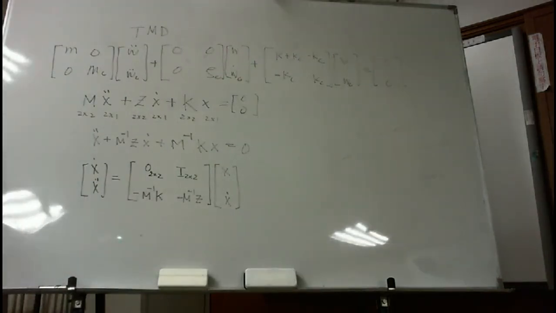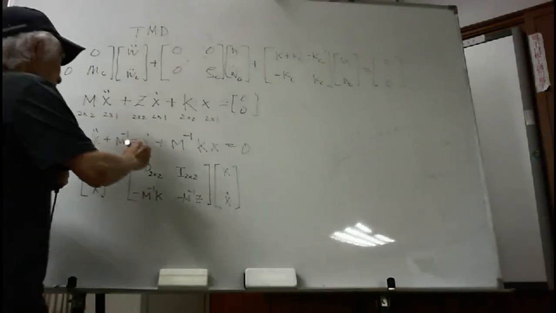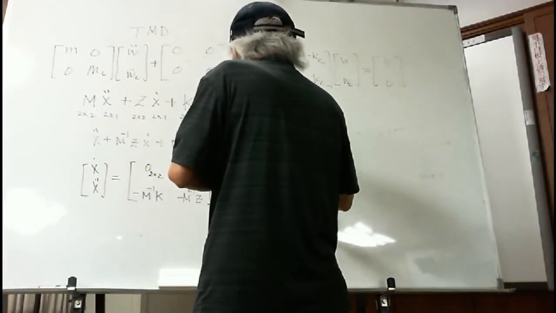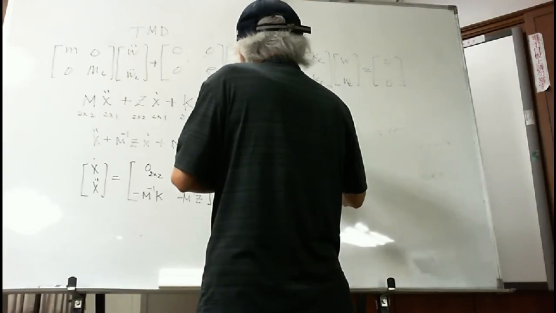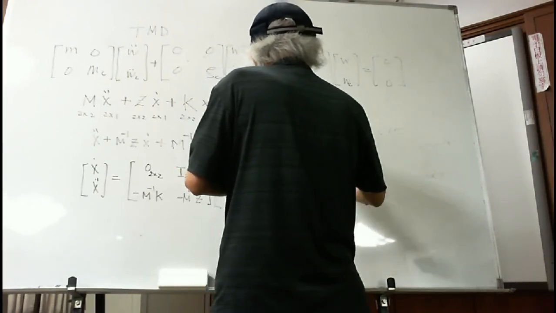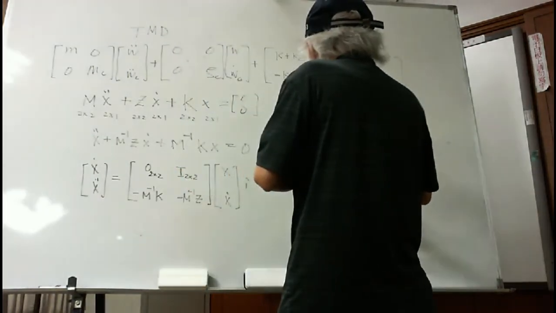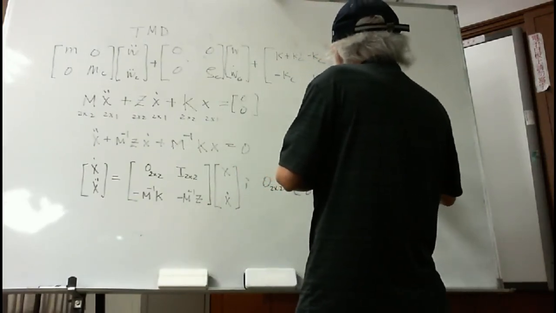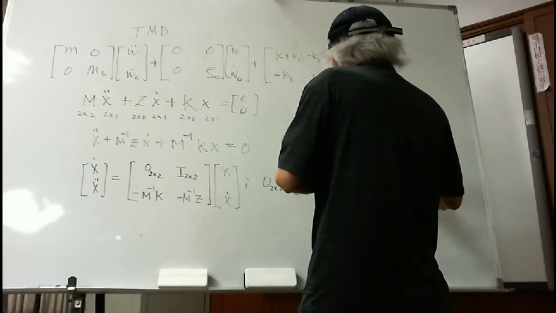The 0, 2 by 2, equals 0, 0, 0, 0. I, 2 by 2, equals 1, 0, 0, 1.